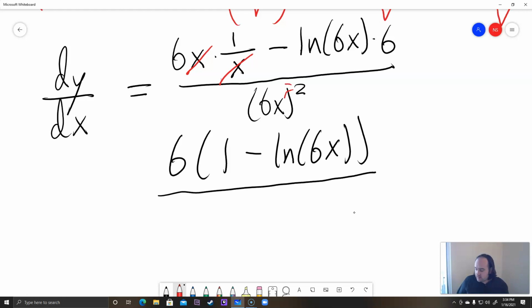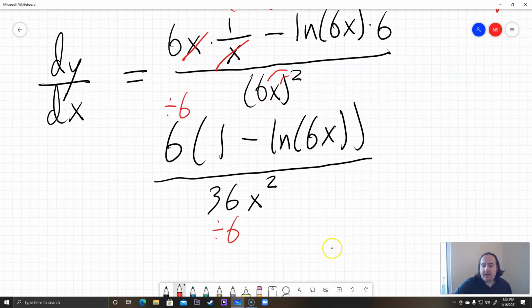So I'm distributing the 2 to each of those, which gives me 6 squared times x squared on the bottom. And 6 squared is, of course, 36. So instead of writing 6 squared on the bottom, we'll write 36. Then the biggest number that goes into both 6 and 36 is 6, so we're going to divide the top and the bottom by 6.